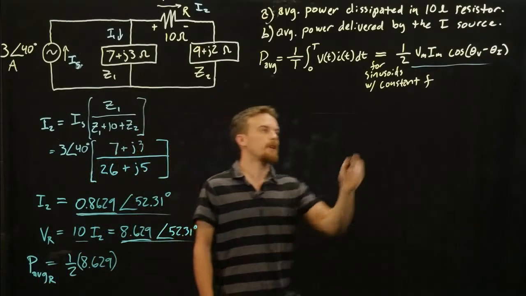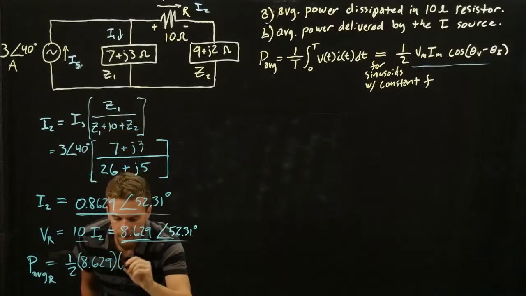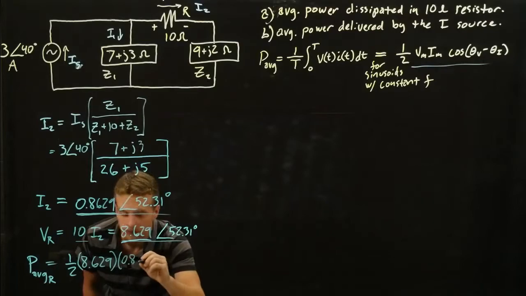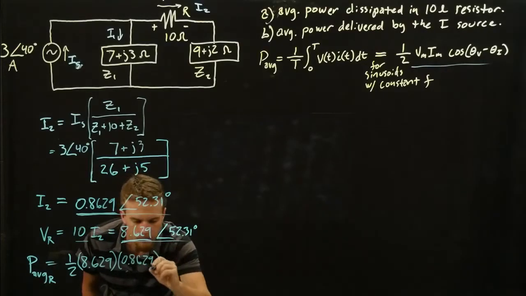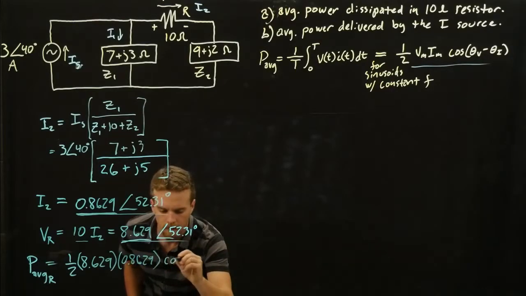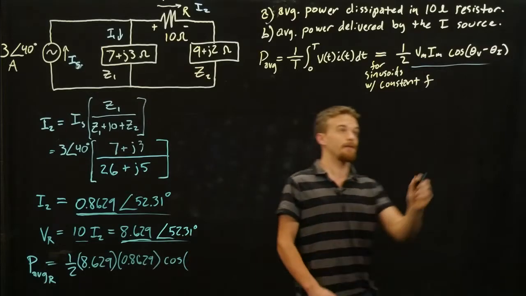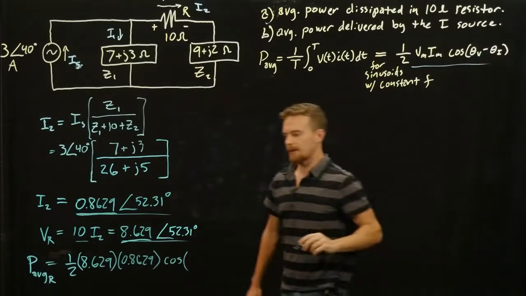Times Imax. What is that? That is 0.8629 times cosine of the angle of the voltage minus the angle of the current.